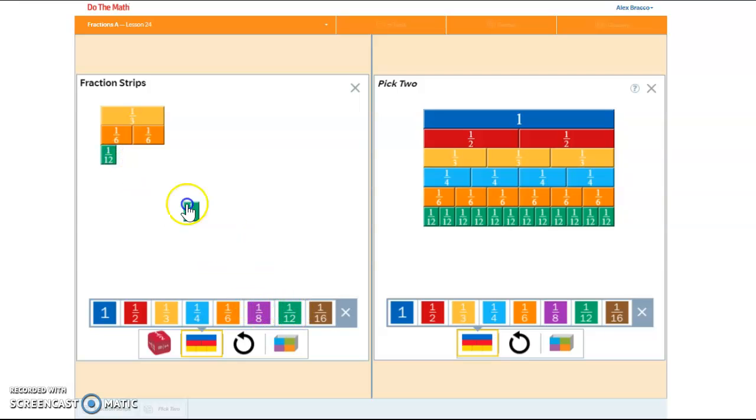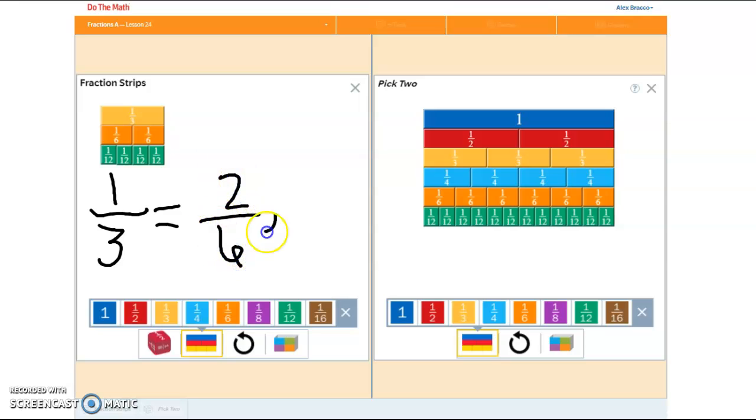I think we can do twelfths as well. So my friends, 1/3 equals 2/6, or it can equal 4/12. All of those fractions are equal to one another. They are equivalent, and the model of the pictures of the fraction strips shows you that.